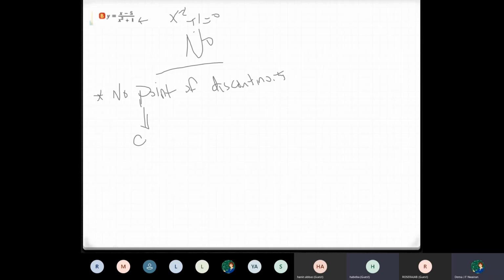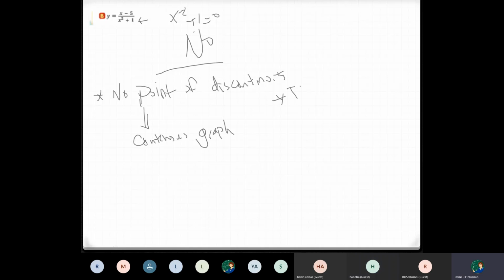Can we have any x that makes the denominator 0? No. So because it is no, I will say that there's no point of discontinuity. So it will be a continuous graph.